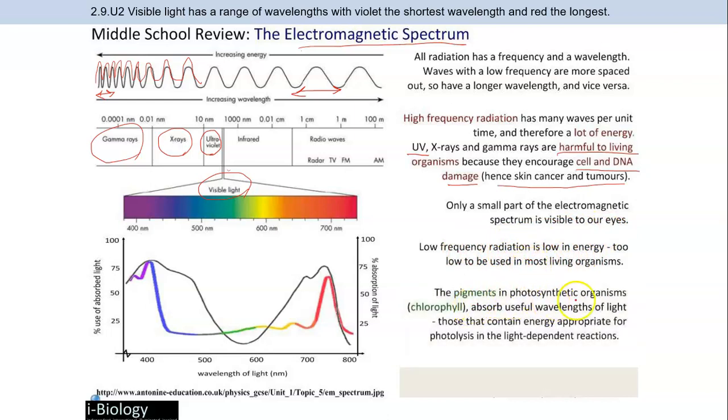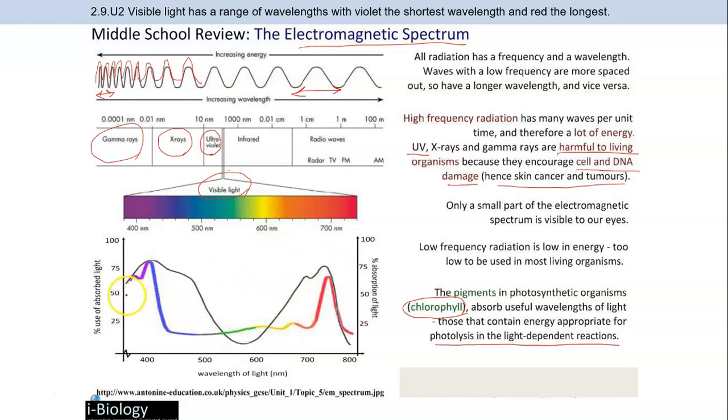The pigments in photosynthetic organisms, like chlorophylls, absorb useful wavelengths of light, those that contain energy appropriate for photolysis in the light-dependent reaction. So these chlorophyll pigments just need the appropriate wavelength for their own function and for doing the photolysis.